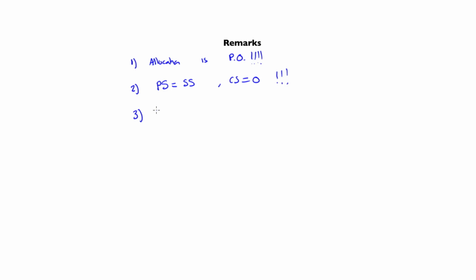Third, the distributional properties of the equilibrium depend on the distribution of firm ownership. In particular, if everybody owns an equal share, then you get a Pareto optimal allocation with very nice distributional properties.